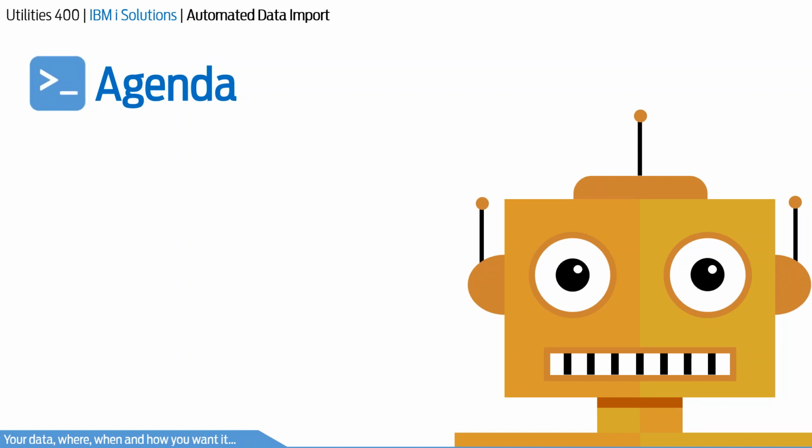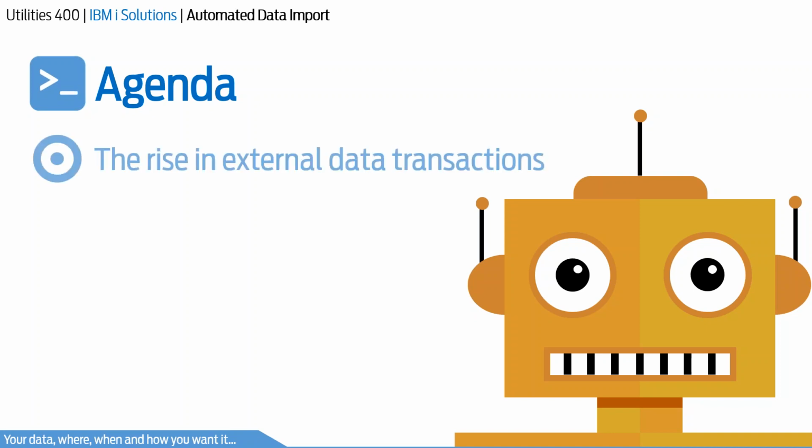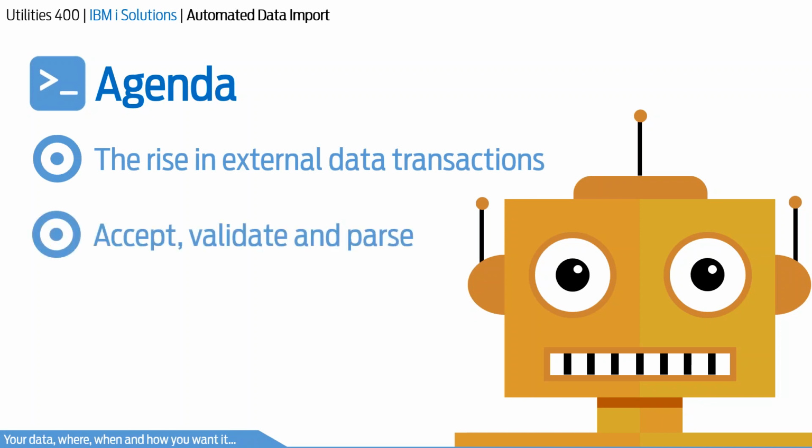Okay, so here's what you're going to get from today's session. First, we're going to provide you with some insight into a rise in external data transactions and why this growing volume in B2B transactions and a deviation from EDI needs to be addressed. With the scene set, we'll explore the principles that you should apply to resolve these issues and improve your situation, but through the introduction of reliable automated technologies that are designed for your IBM i enterprise.